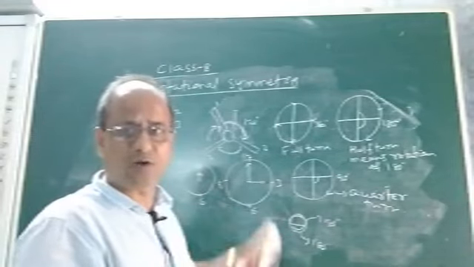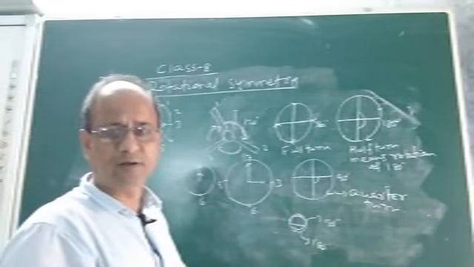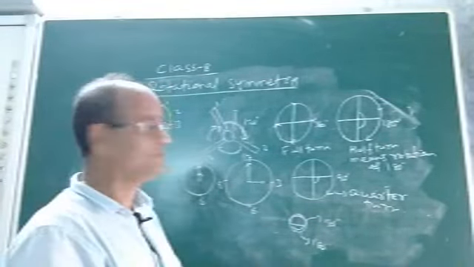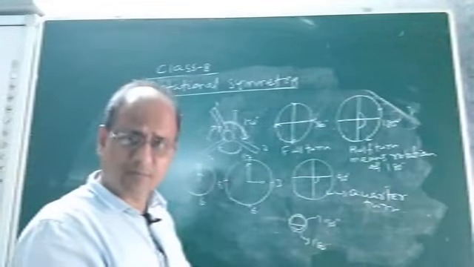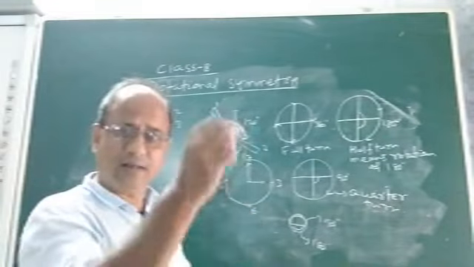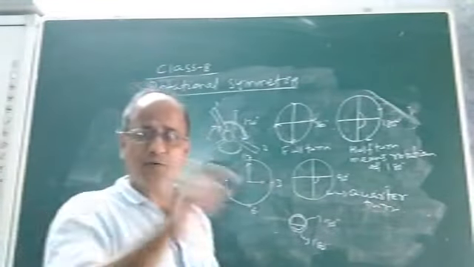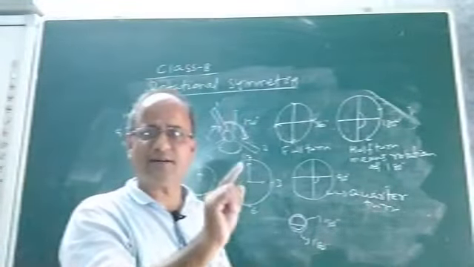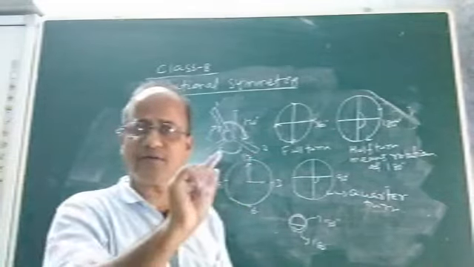Children, I hope you understood what is meant by rotational symmetry. Once again, any object can be rotated through an angle less than 360 degrees, because if we rotate any object through 360 degrees, there will be no change in shape and size.